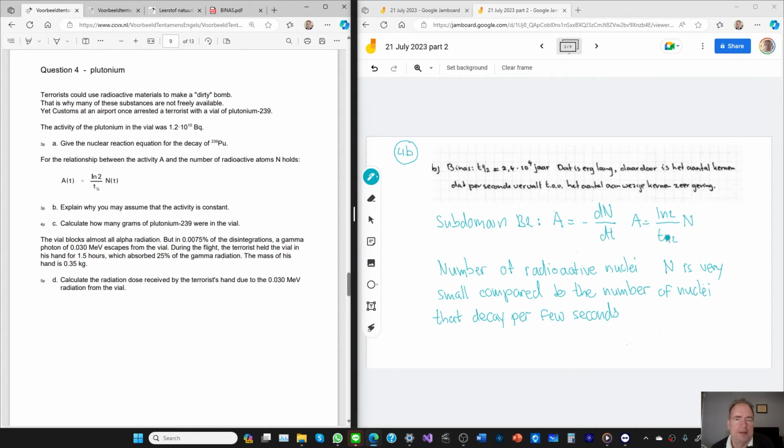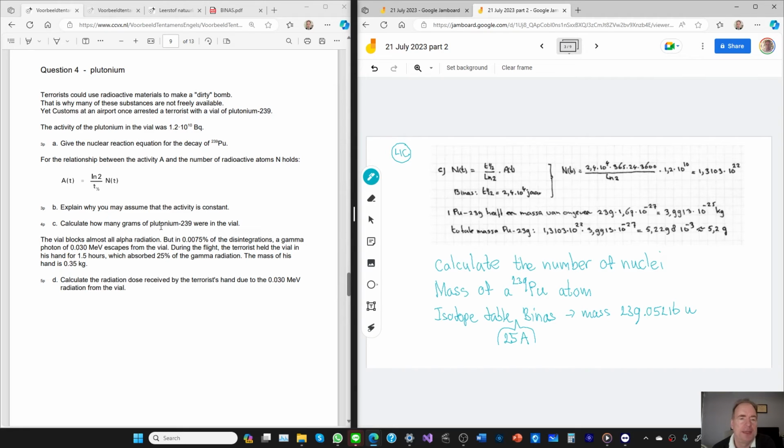So you can say it's practically constant. But of course, over a longer time period, it is not constant. It's probably better if they would have said, why can you assume it's constant if you talk about a certain time period of a few seconds or few minutes, few hours.